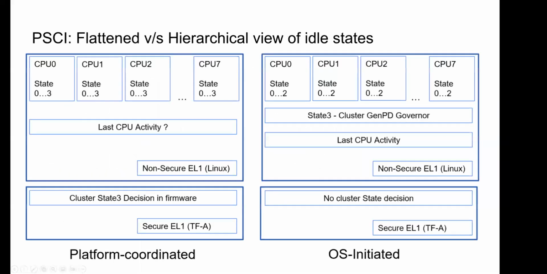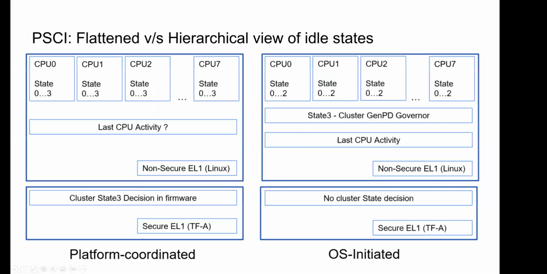Also, as the number of states at the cluster level increases, for example, today we have only one cluster state in this SC7280, but certain targets could have multiple cluster states. In the flattened mode, if you have three more cluster states, it will be a little complex for the CPU idle governor itself to select among all of these states.